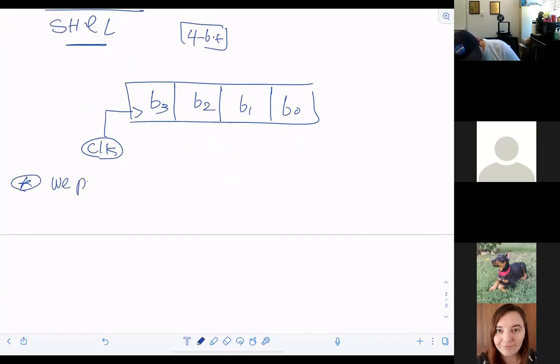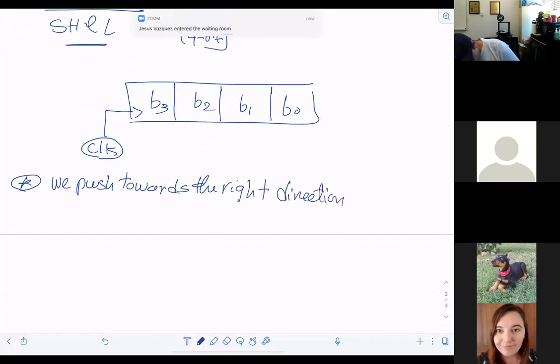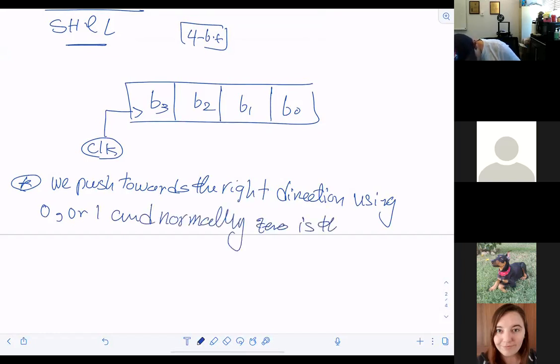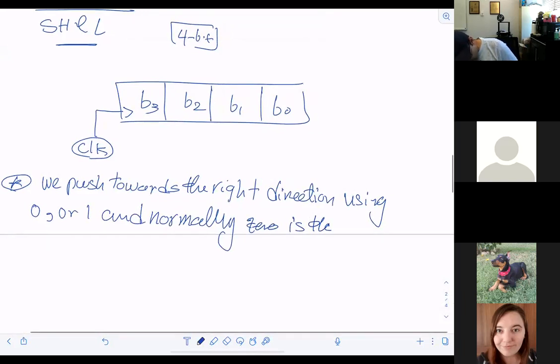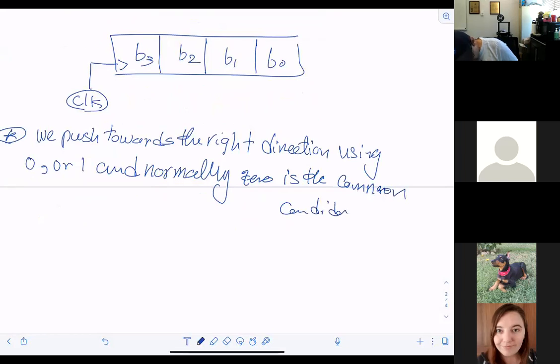We push towards the right direction using 0 or 1, and normally 0 is a common candidate. What does it mean?